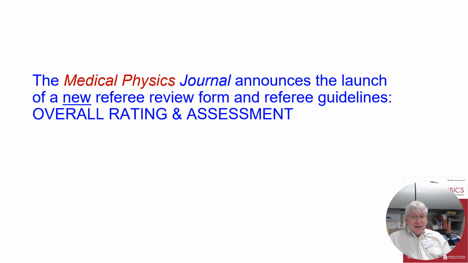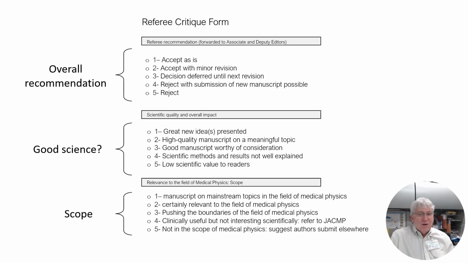So actually, Medical Physics Journal has launched a new referee review form and referee guidelines, and so it has an overall rating and assessment aspect to it. And you can see here that we break things down into 5 categories.